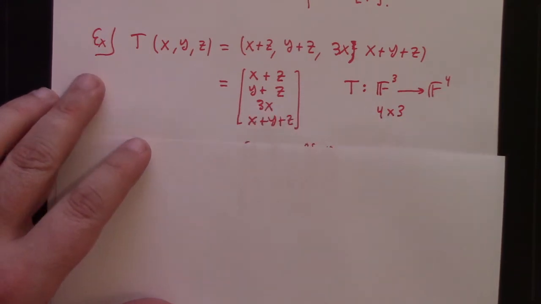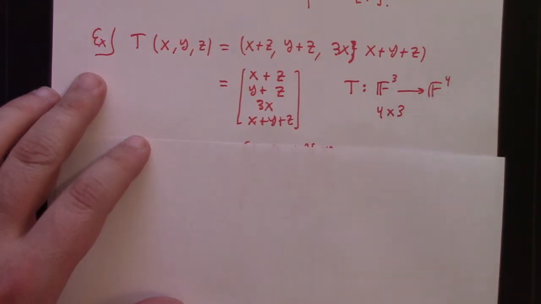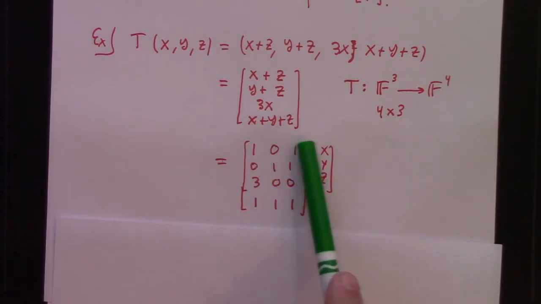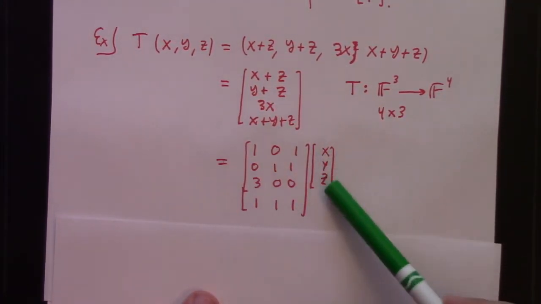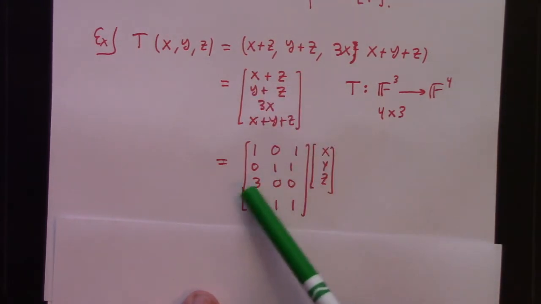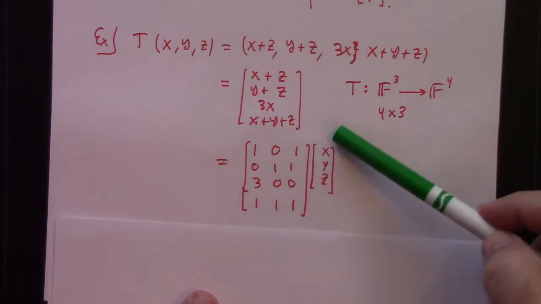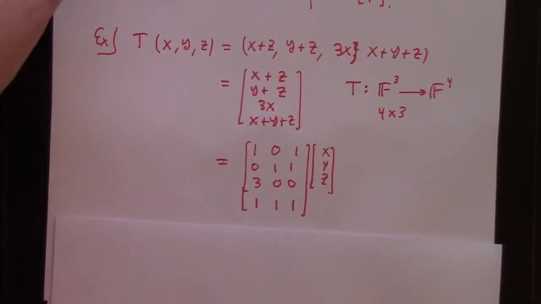If I rewrite that as a column, then I'm looking for a 4 by 3 matrix. Notice it goes flippy-floppy of what you might naively expect. And there it is. So (1, 0, 1) times (x, y, z) gives me x plus z. (0, 1, 1) times (x, y, z) gives me y plus z. (3, 0, 0) times (x, y, z) gives me 3x. (1, 1, 1) times (x, y, z) gives me x plus y plus z. And that's it. That's the standard matrix. All right?